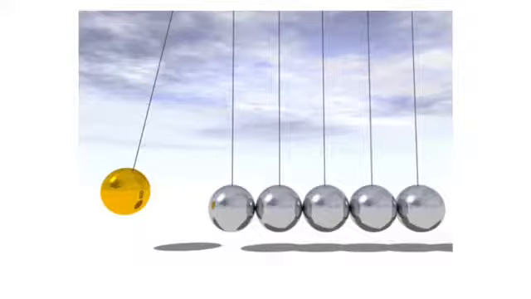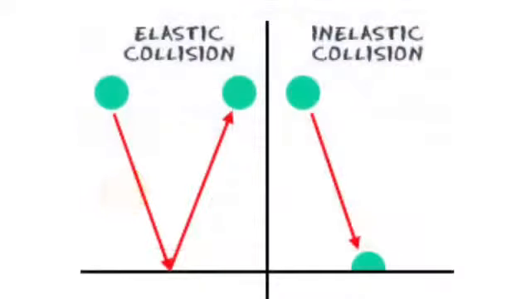The Newton's Cradle provides a pretty near elastic collision. In an elastic collision, all the kinetic energy is transferred into kinetic energy. A 100% elastic collision would not waste any kinetic energy at all as thermal energy, heat or sound. In inelastic collisions, the kinetic energy is not conserved.